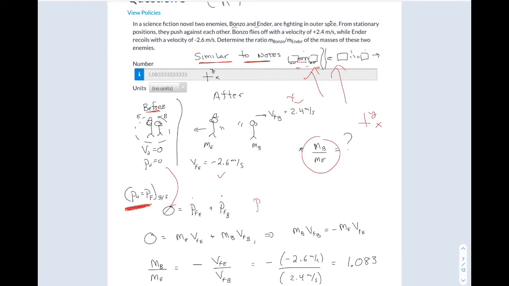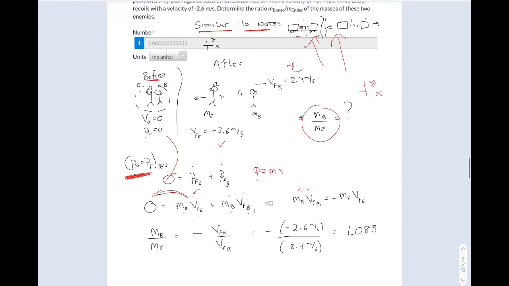Remember, momentum is mv. So for person E, I put in their mass times their final velocity. For B, I put in their mass times their final velocity. Then I brought this one over, so I have mass of B, V final B, equal to minus that stuff.